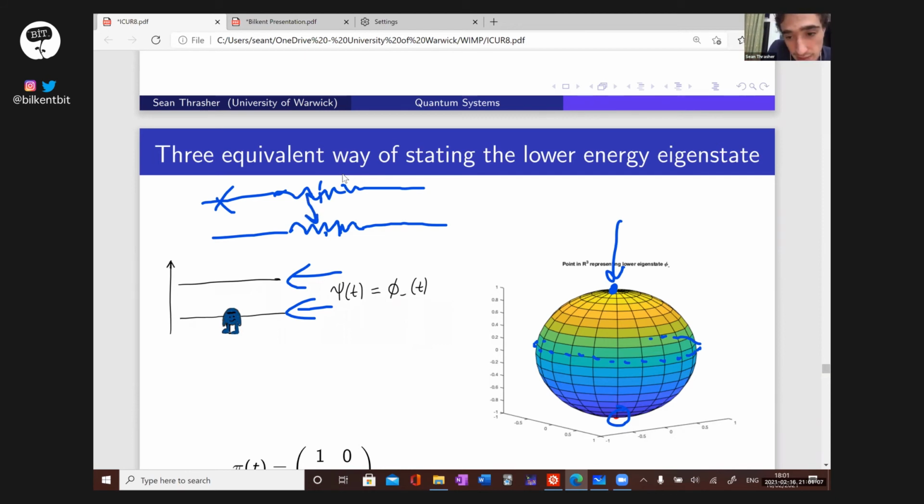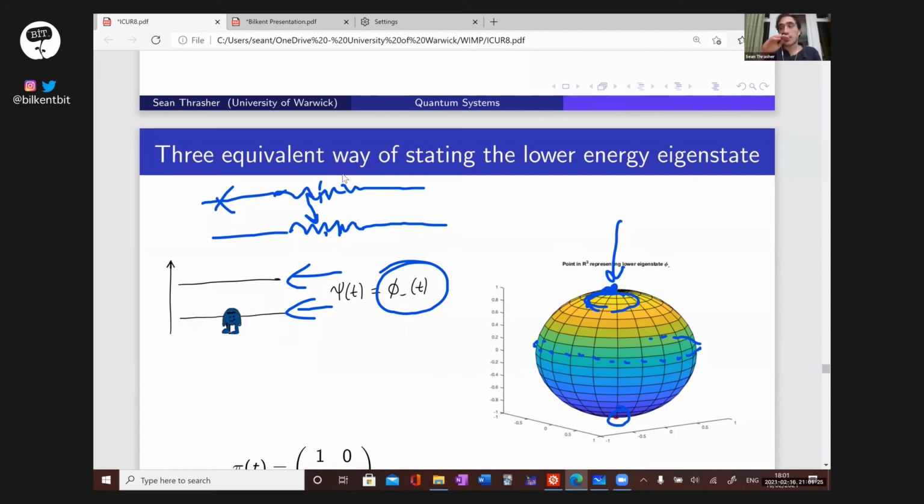That means that you get a little bit of this mixed into your state, and so you end up straying away from the North Pole. Then you make some sort of trajectory on this sphere.